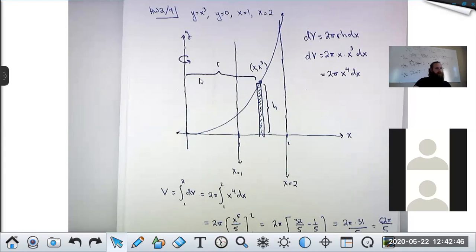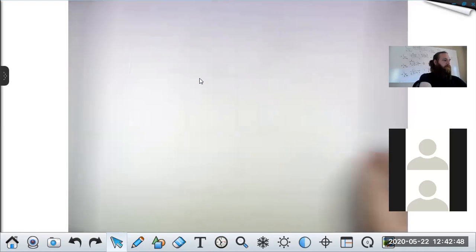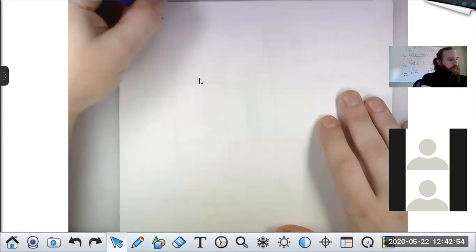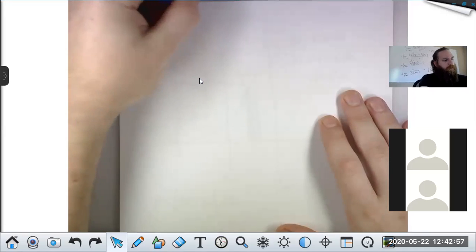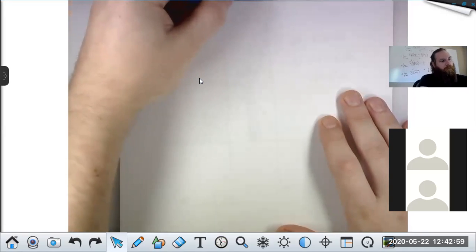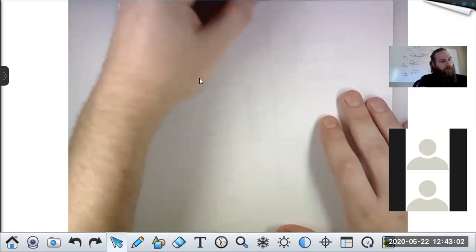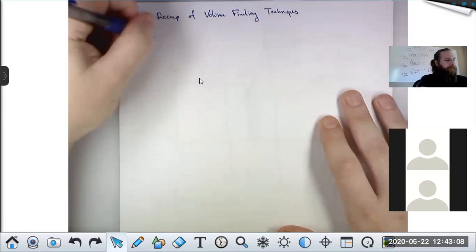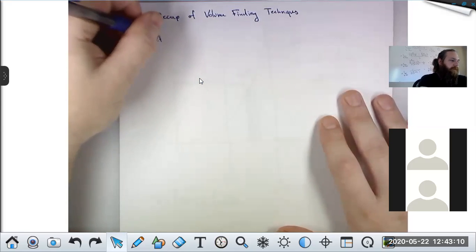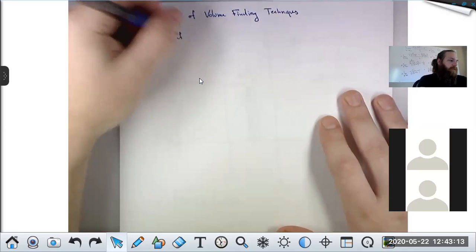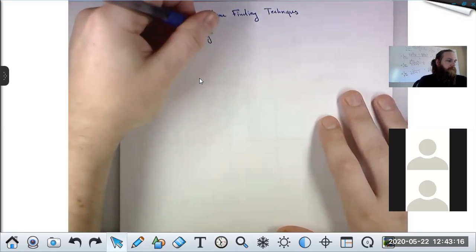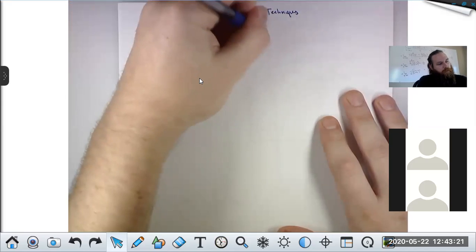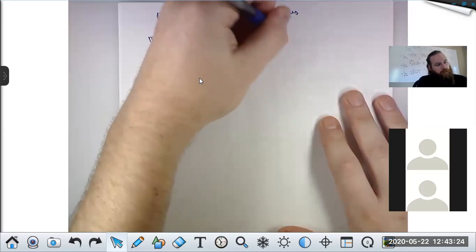That will end our chapter 6 discussion. So a recap of volume finding techniques. You have the method of slicing. Here, your dV is A of t times dt.